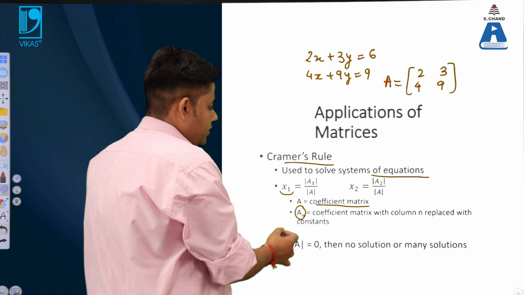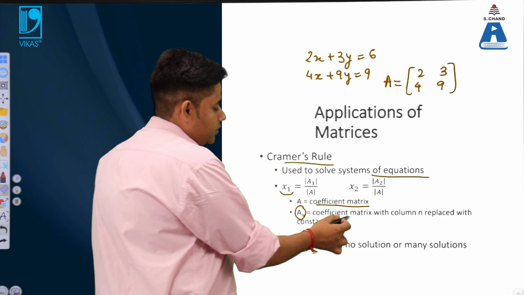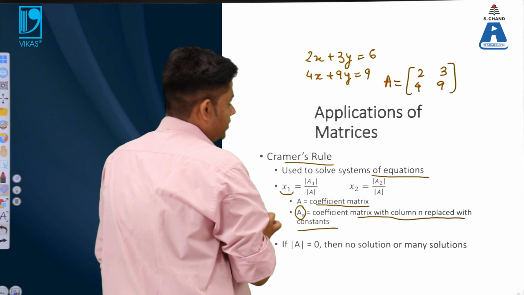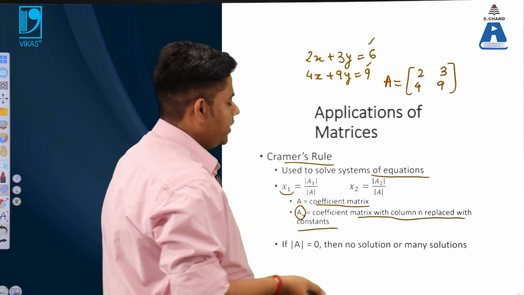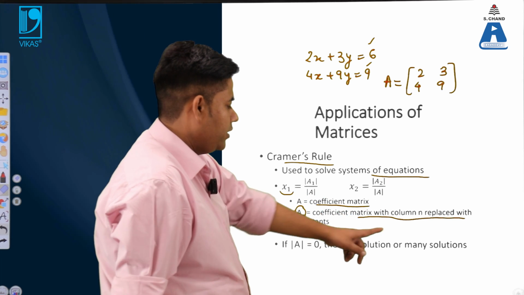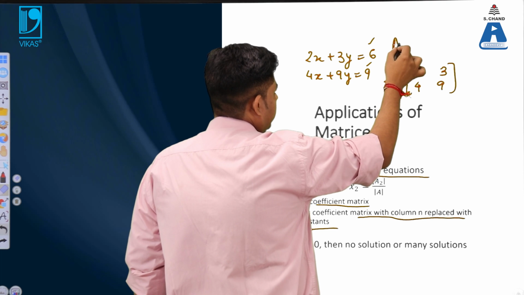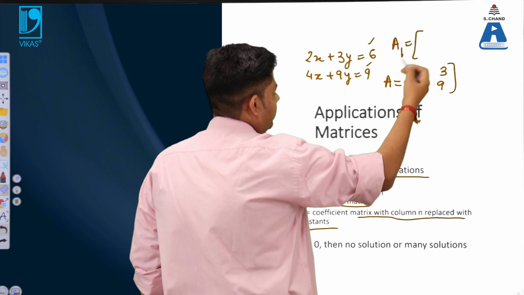An is a general term used for A1 or A2. That indicates the coefficient matrix with the column n replaced with the constants. Constants are 6 and 9, and n indicates that particular column that we wish to replace. So let's say if we want to write A1 from this matrix, the first column is to be replaced.